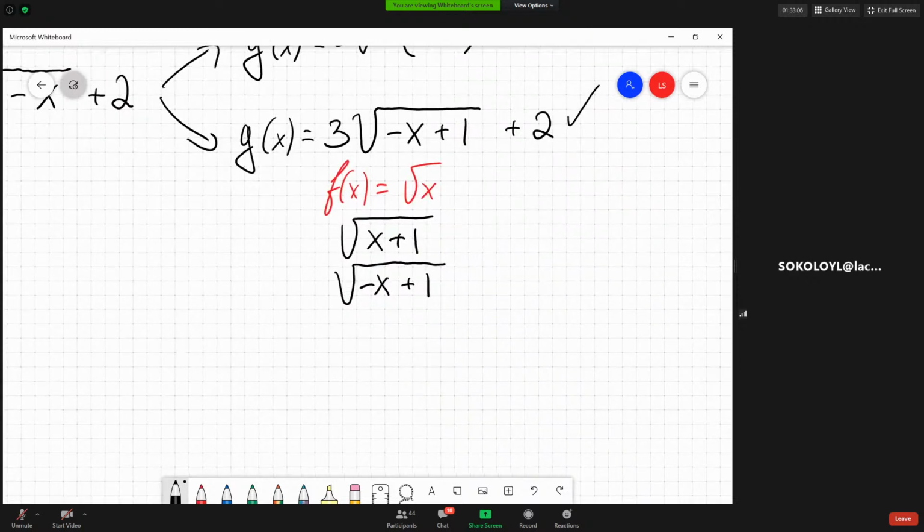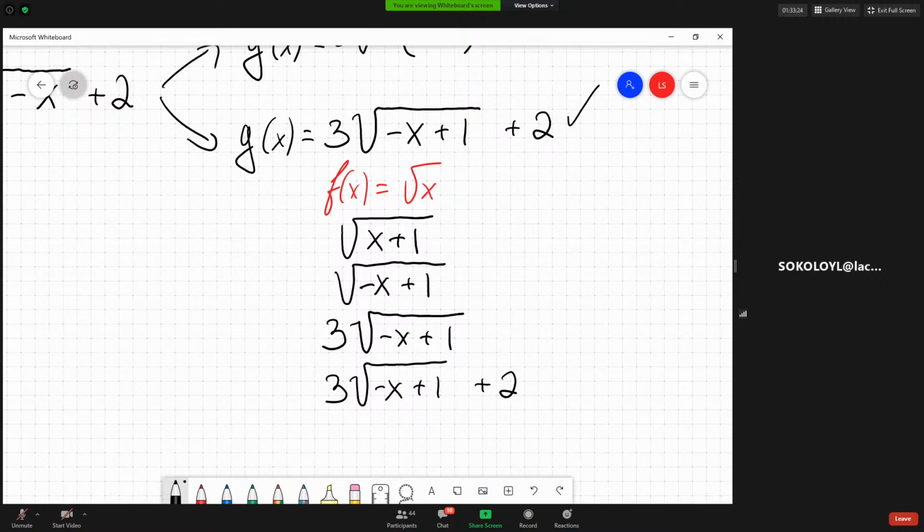Then multiply the function by 3. I get that. And finally, last, the vertical shift, add 2 to the function. So four steps here that we're going to have to do, and we'll try to be careful about them.